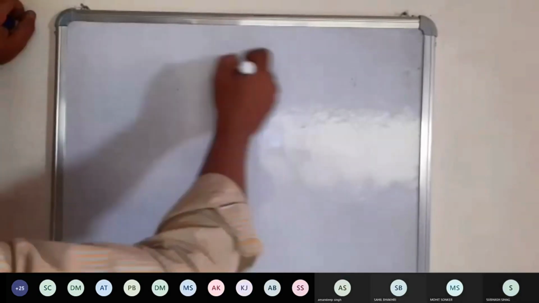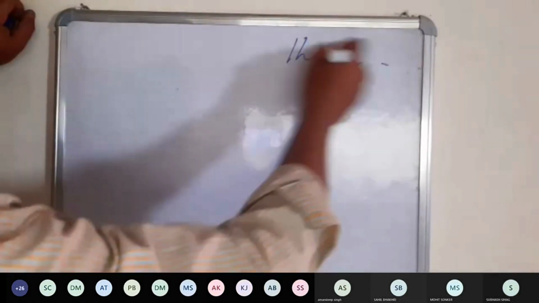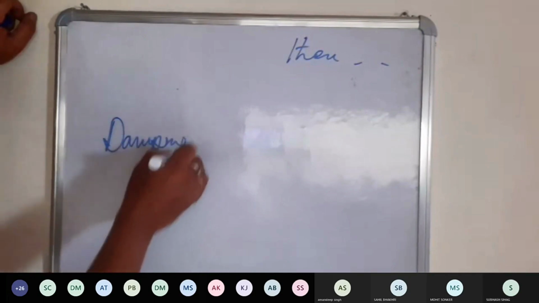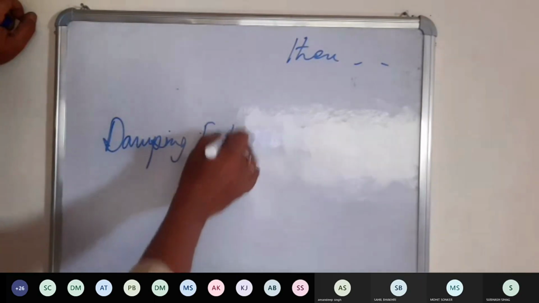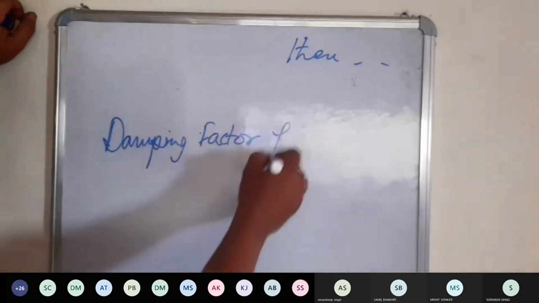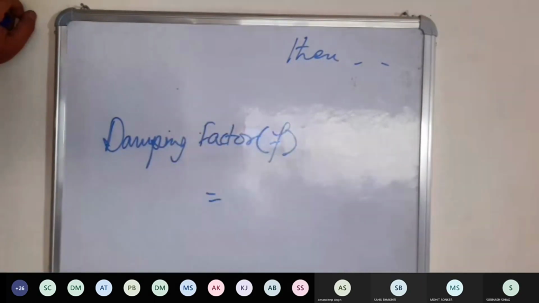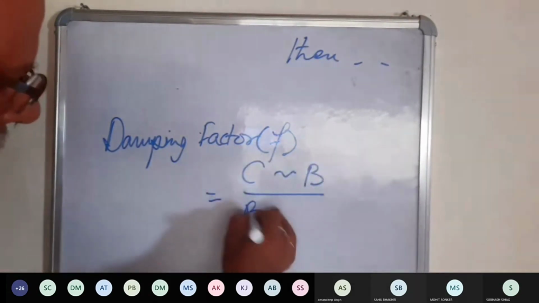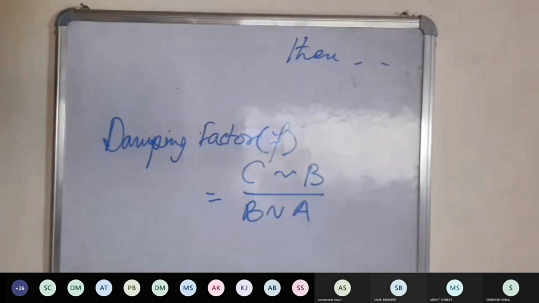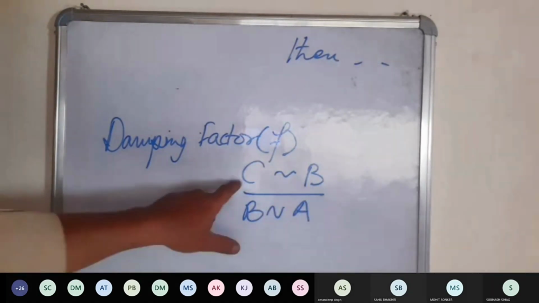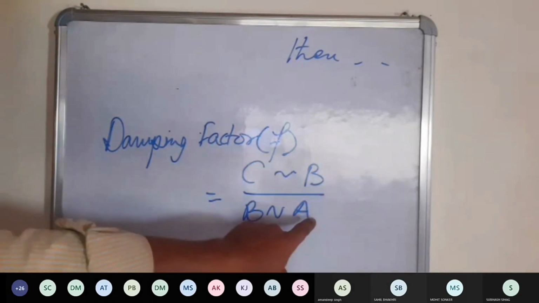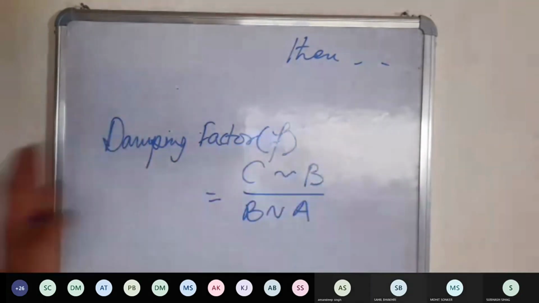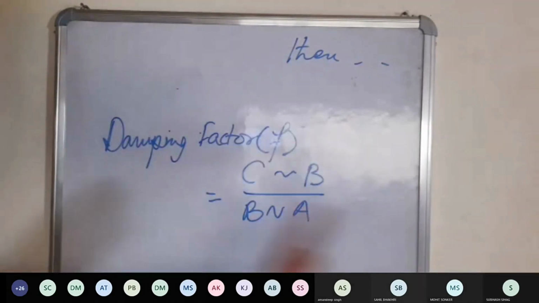Then damping factor F is equal to C to B by B to A. The difference between the three amplitudes A, B, and C: the difference between C and B, and the difference between B and A.